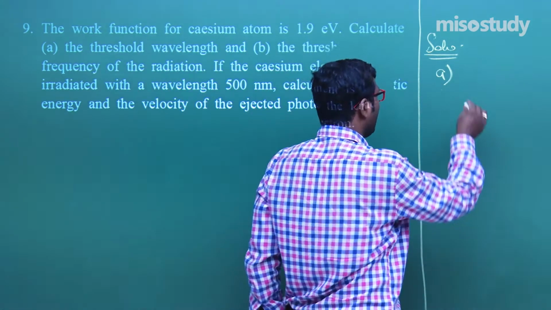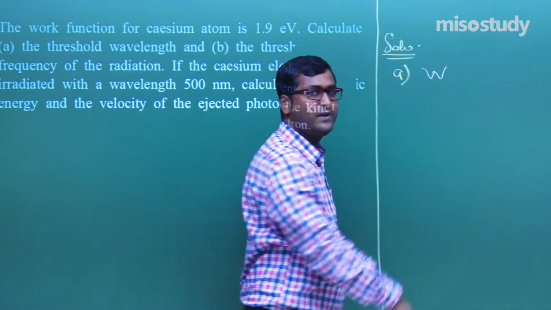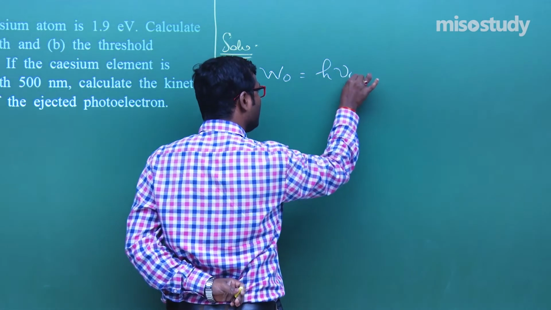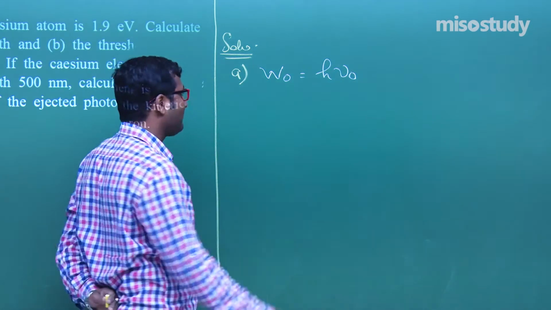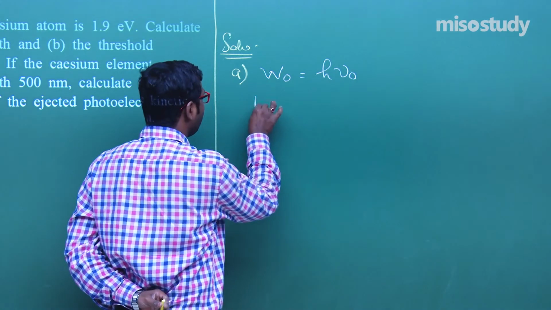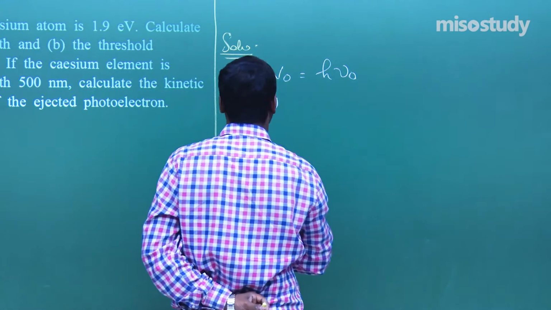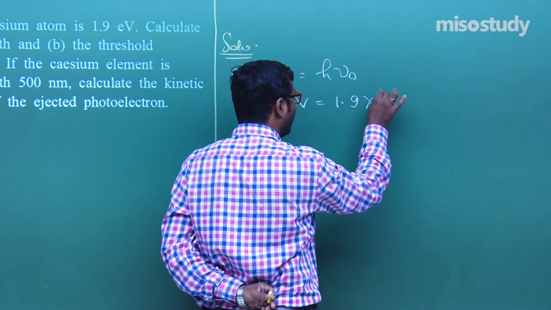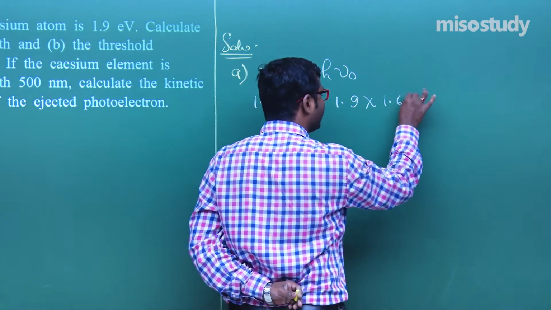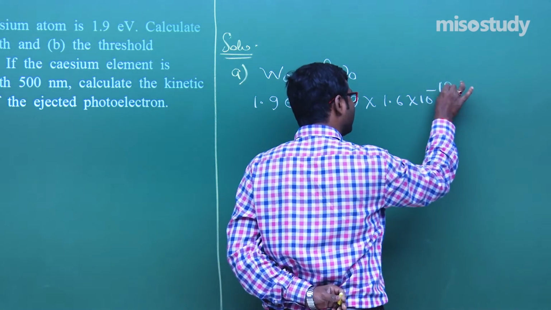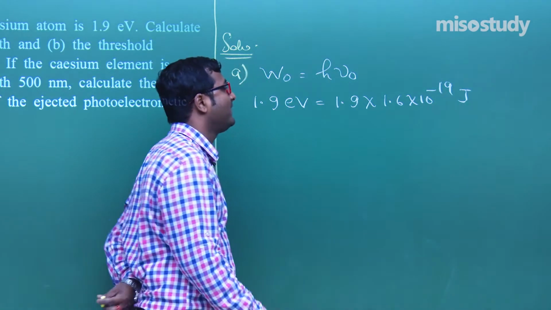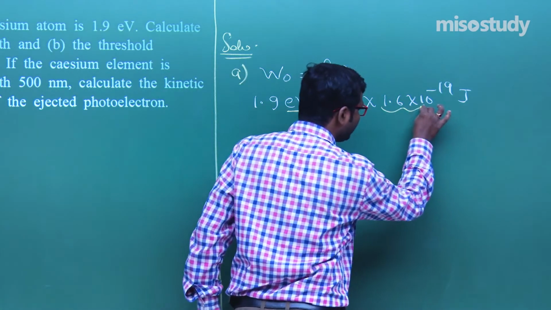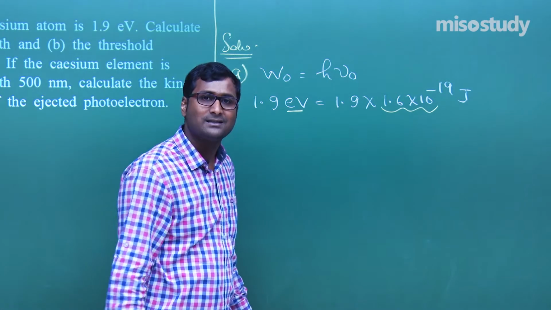What is given here? Work function, W naught. W naught we people know, that is h mu naught. Now W naught is given 1.9 electron volt. 1.9 eV is equal to 1.9 into 1.6 into 10 to the power minus 19 joule, because 1 electron volt equals 1.6 into 10 to the power minus 19 joule.